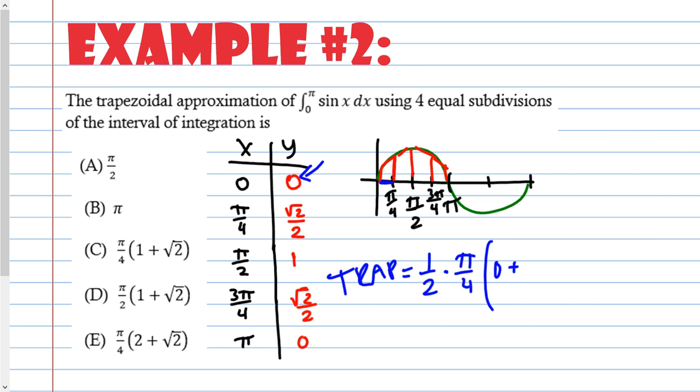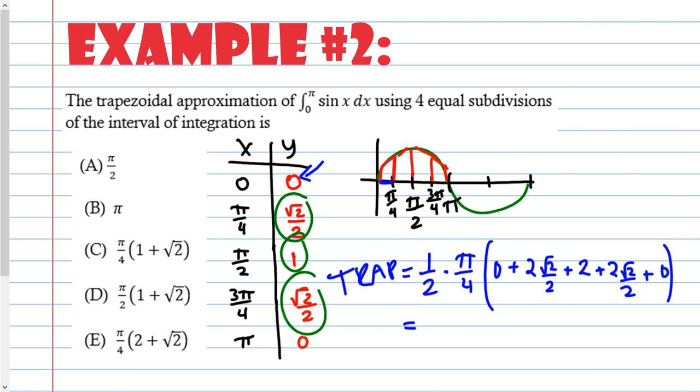Plus the square root of 2 over 2, but remember, these on the inside are going to repeat. They're going to be doubled. So 2 times the square root of 2 over 2, plus 2 times 1, which is 2, plus 2 times the square root of 2 over 2 again. And then the last one is just used once, even though it's 0, so it's not of any consequence. Then I have pi over 8.